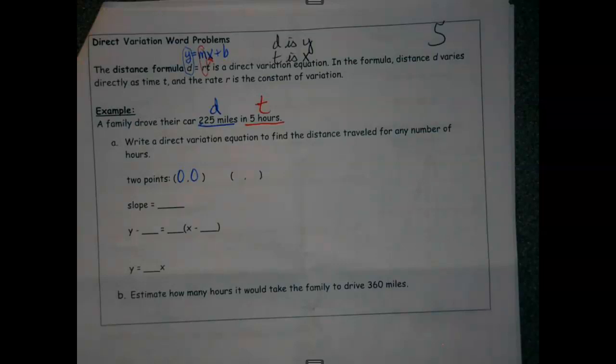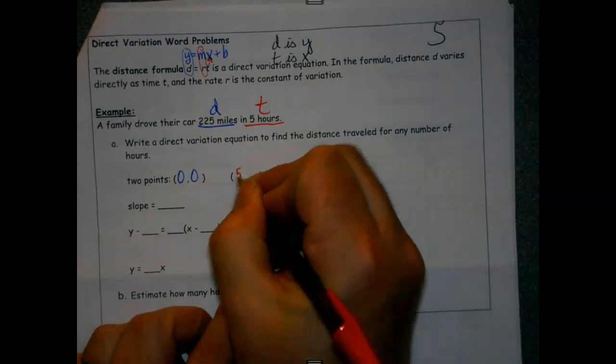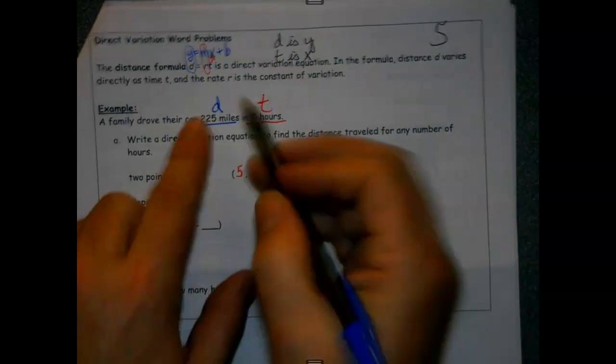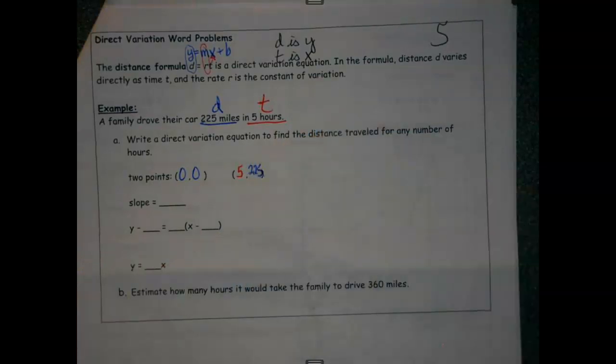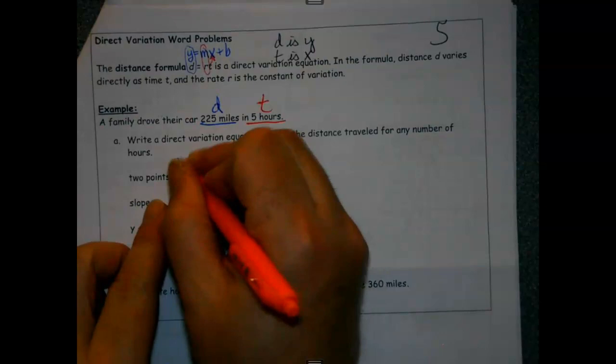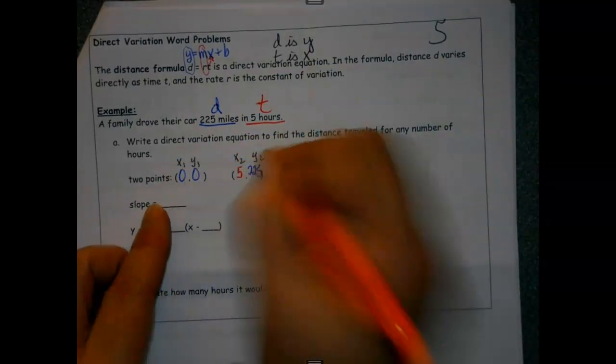So having that down should help me when I go to make my point, because now I go, oh, so t is x, and d is y. Once I get that one detail situated, I can go ahead and do my slope.